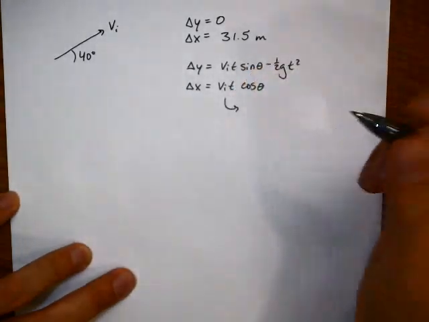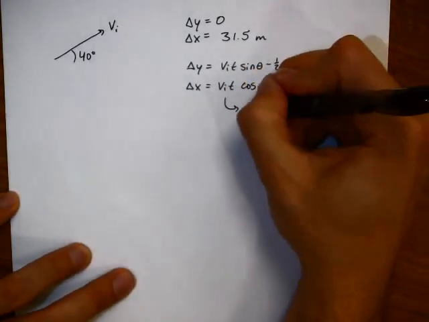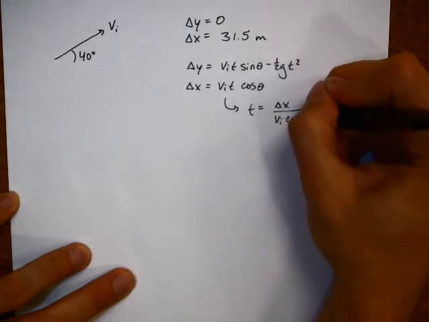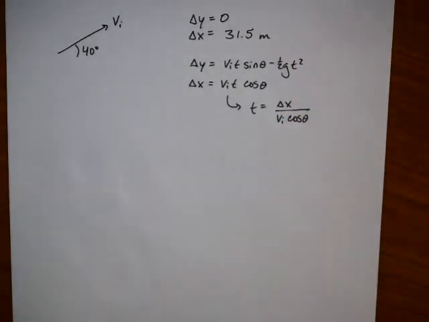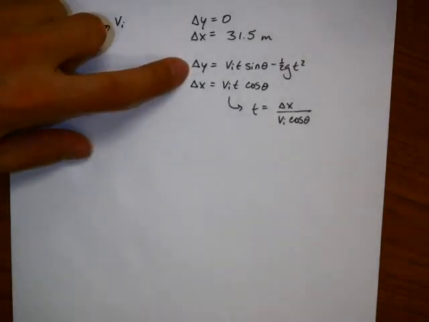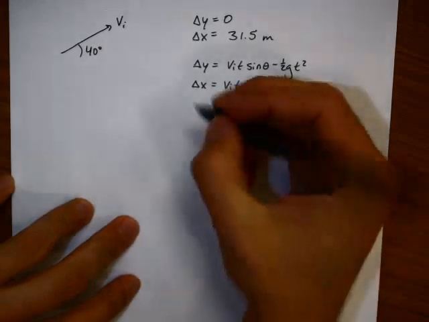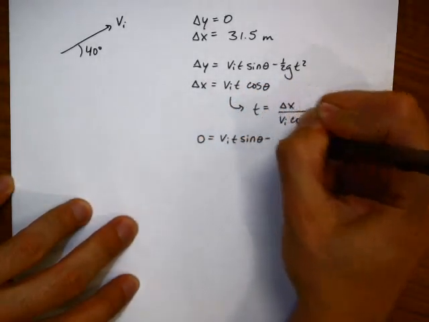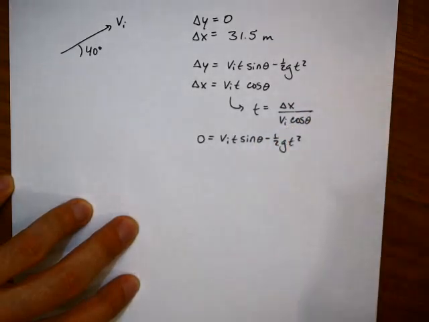So if we solve this equation for t, t equals delta x over Vi cosine theta. Now up above, we've already said that delta y equals 0. So 0 equals ViT sine theta minus 1/2 gt squared.